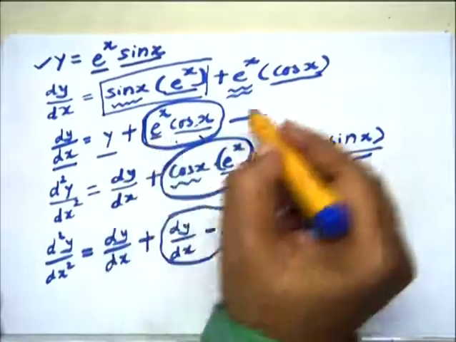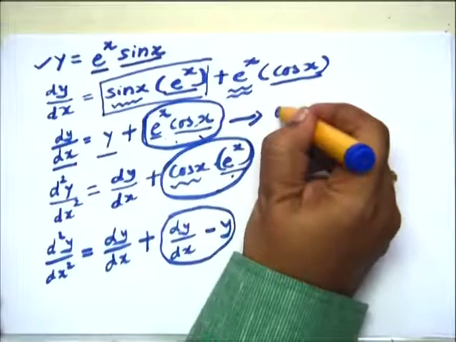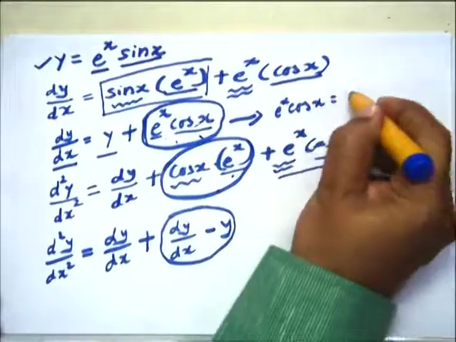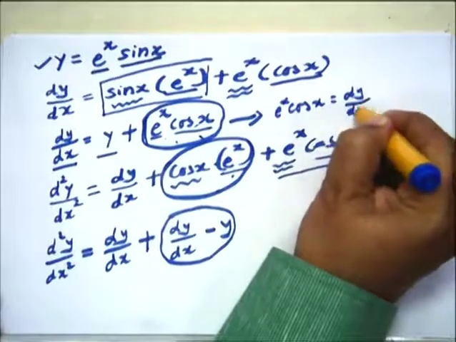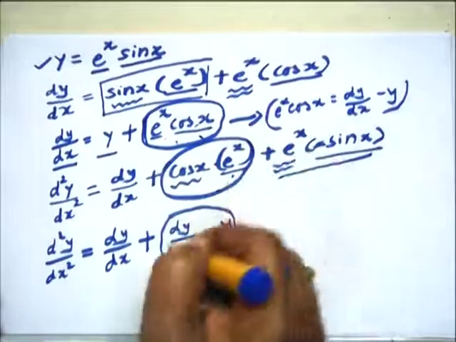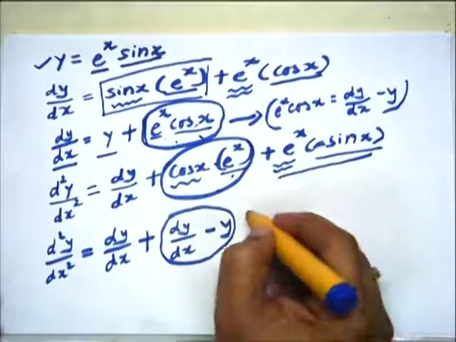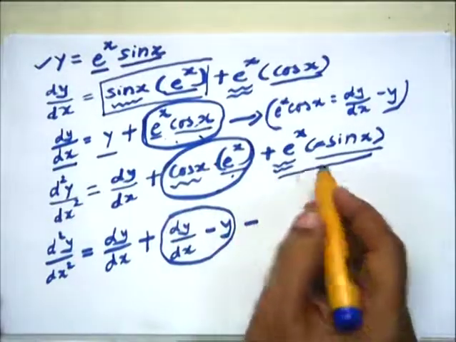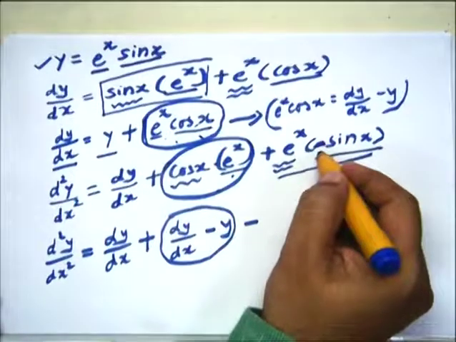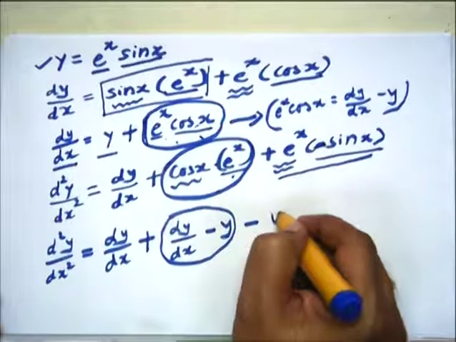From this I can write e raised to x into cos x is equal to dy by dx minus y. So we are using this here, plus, or I can say minus because it has a minus sign, so it is minus y.